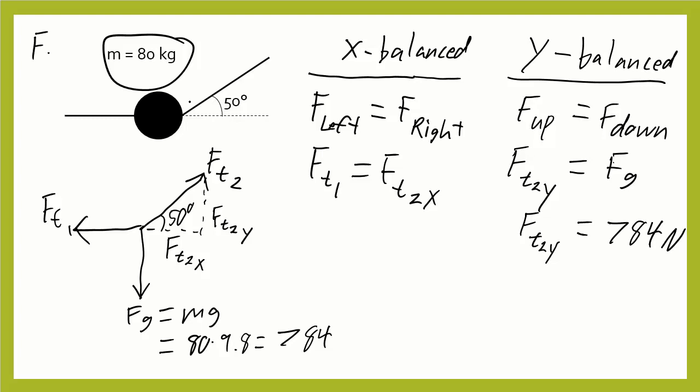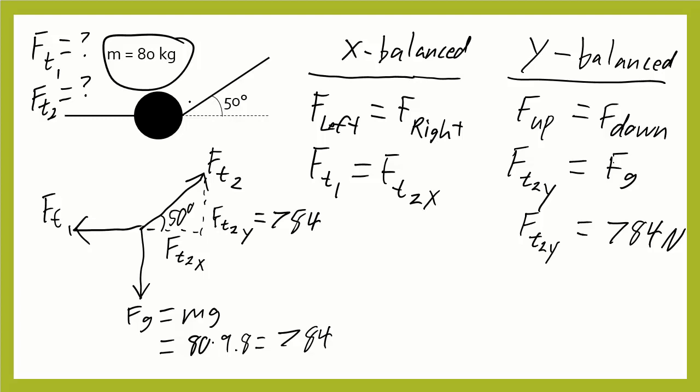Now what were we trying to find? I didn't write it down, but I asked you to find the tension in the two cables. So that is what we're trying to figure out, right? Well, I found this side of my triangle over here, so I can go ahead and put it over here. And if I know this leg of my triangle, and if I know my angle, I can go ahead and solve for the hypotenuse of this triangle, or Ft2, right?